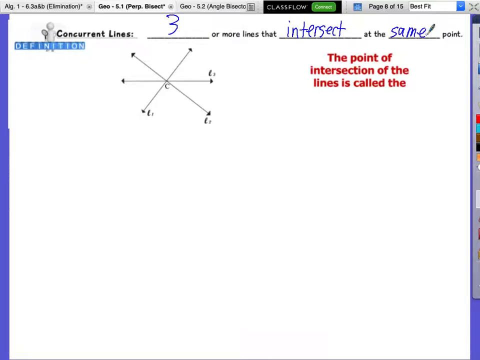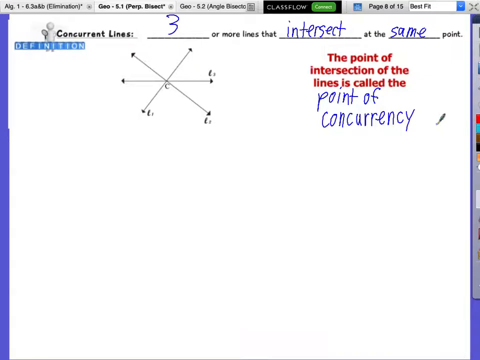So here, the point of the intersection of the lines is called the point of concurrency. Concurrent lines meet at the point of concurrency, just like lines that intersect meet at the point of intersection. So here in our drawing, what is the point of concurrency?